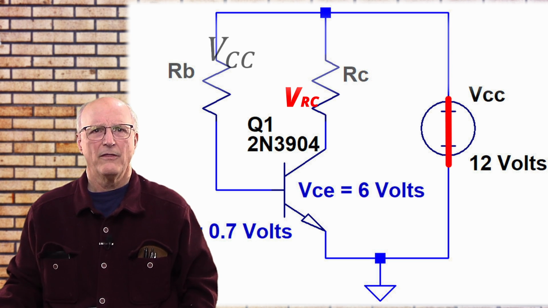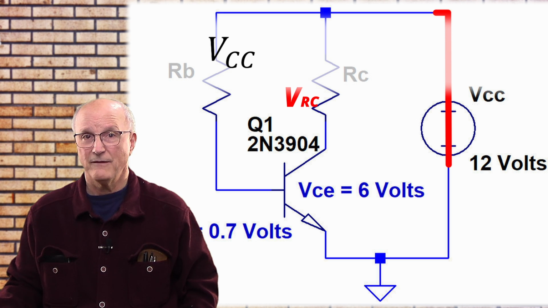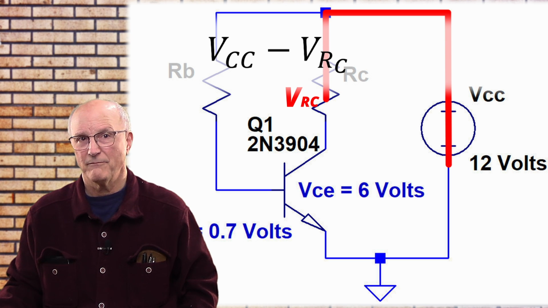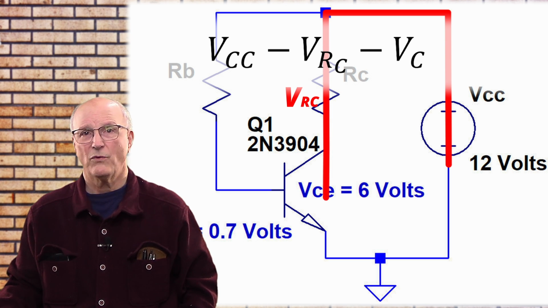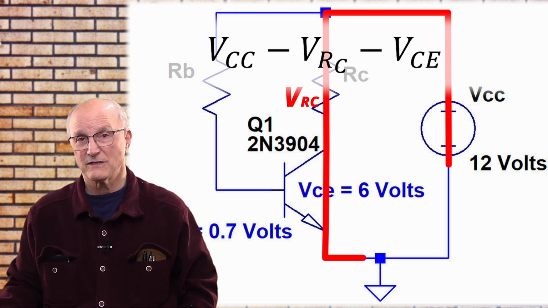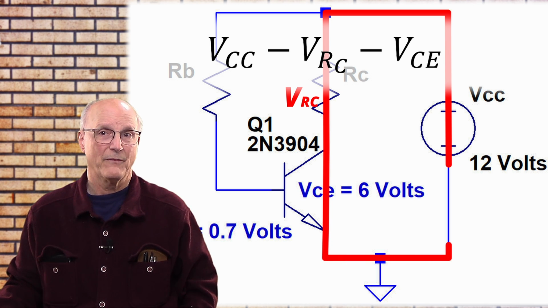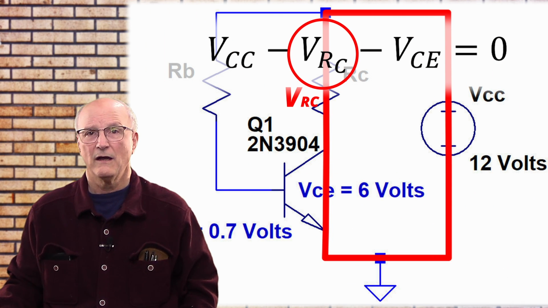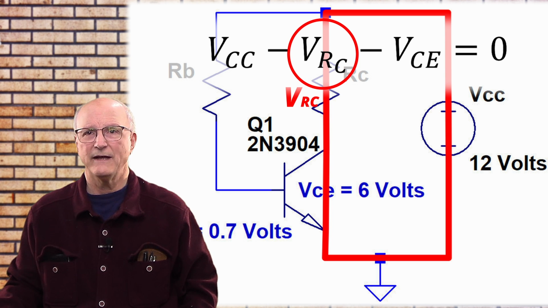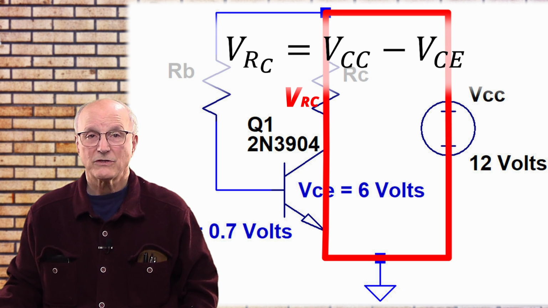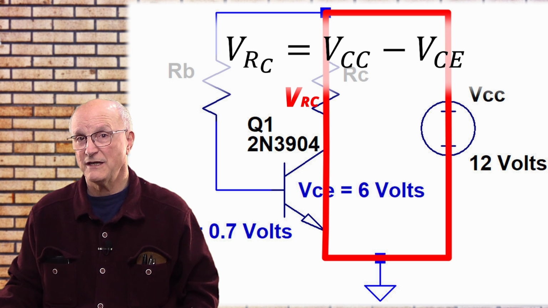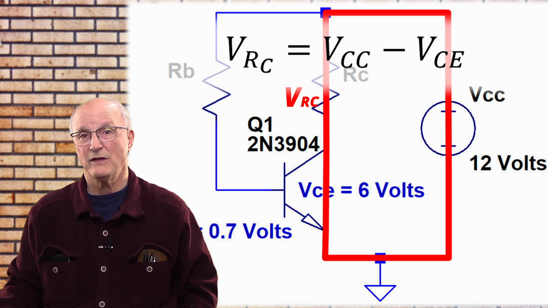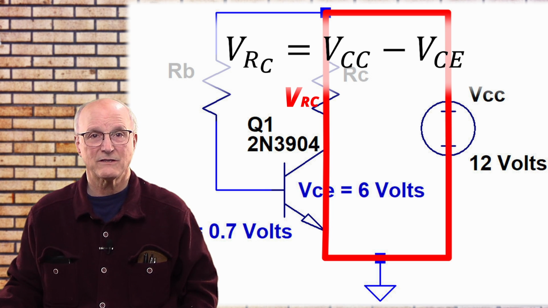This would give us the power supply voltage, or VCC, minus the voltage across the collector resistor, or VRC, minus the voltage between the collector and the emitter of the transistor, or VCE, is equal to 0. Now, because we want to know VRC, I'm going to add VRC to both sides, which gives us the voltage across the collector resistor, VRC, is equal to the power supply voltage minus the voltage between the collector and emitter of the transistor.